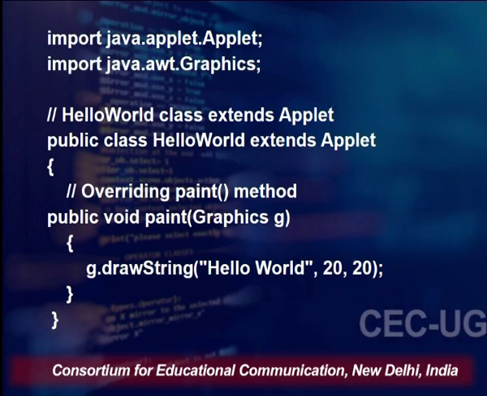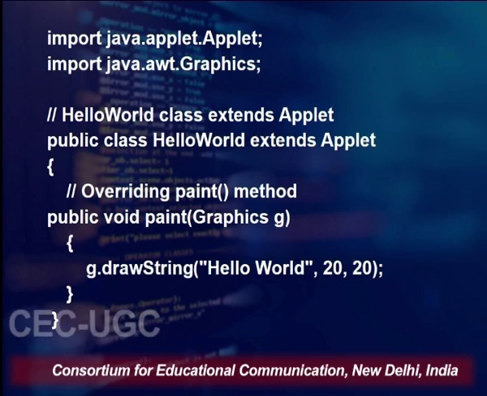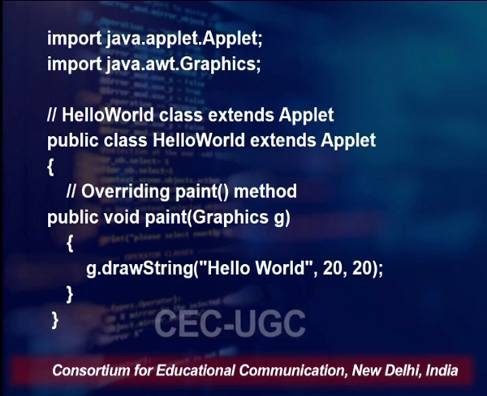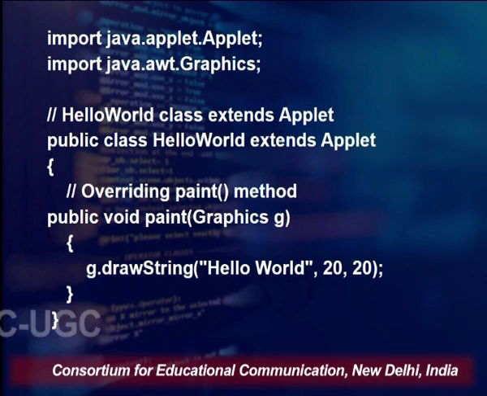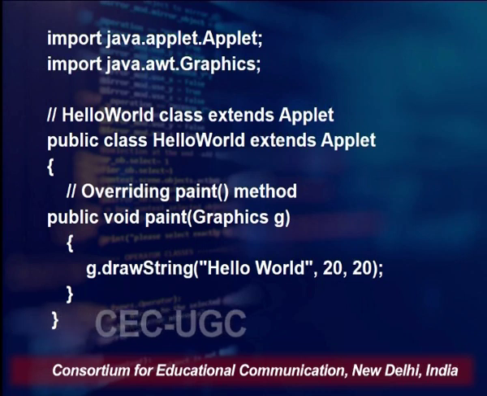That is what I told you in the previous lecture: even if we are going to print something textual, it is not going to be with the help of System.out.println, which was done in normal Java applications.